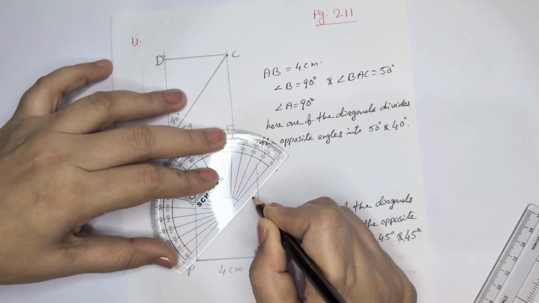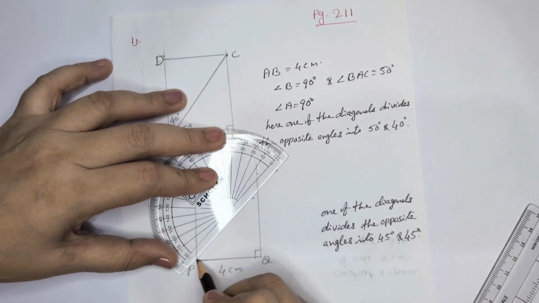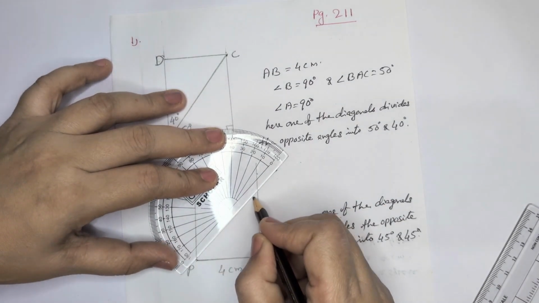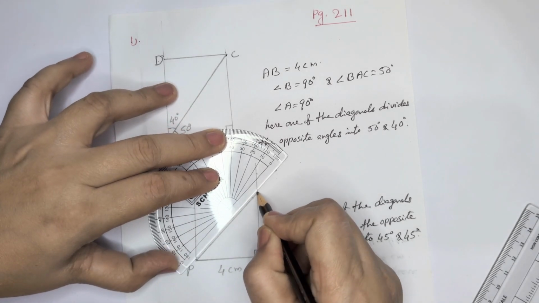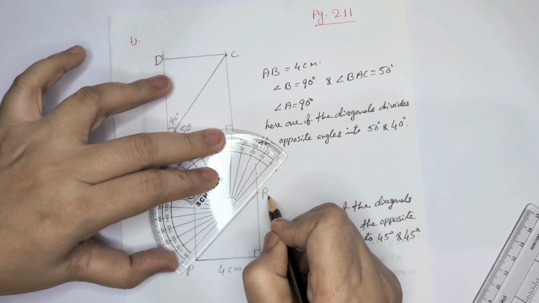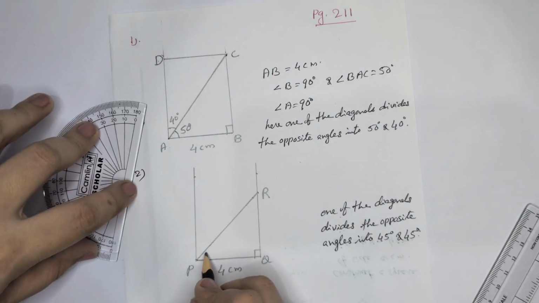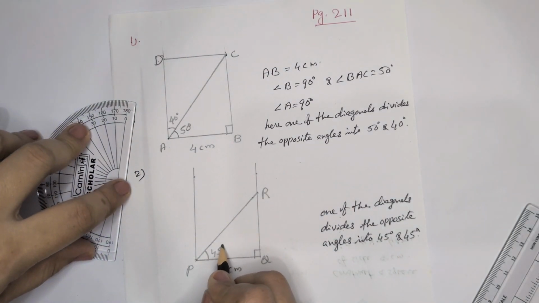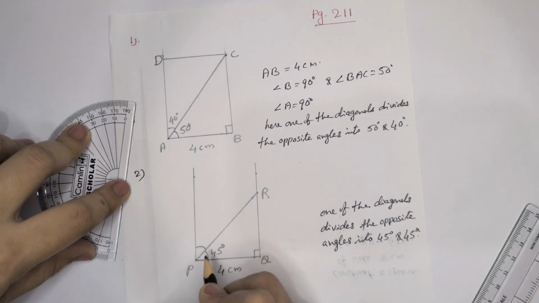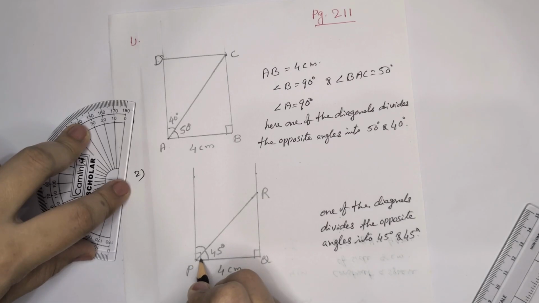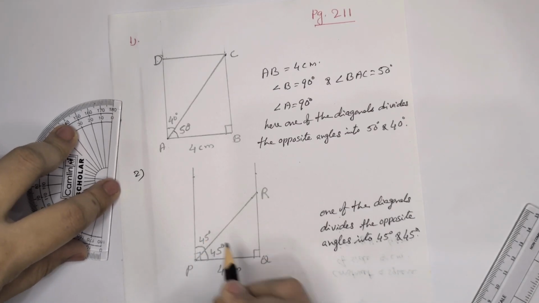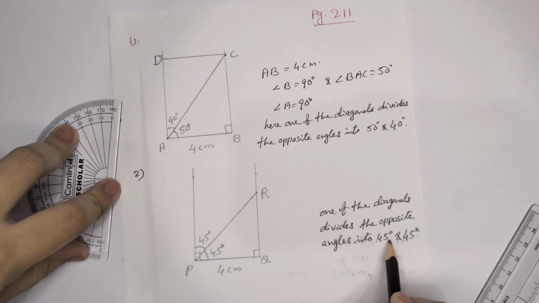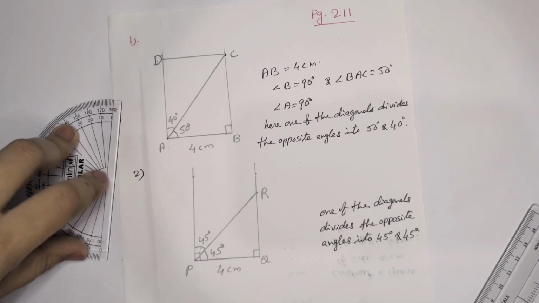And join from here to point P. This intersecting point is R. So now this angle is 45 degree. This also 45 degree, because all together that is 90 degree. So divided into 45 and 45.